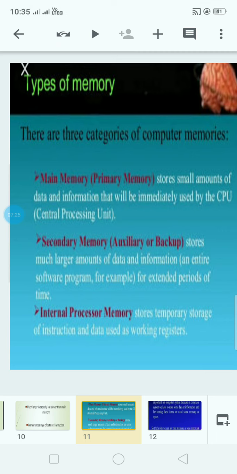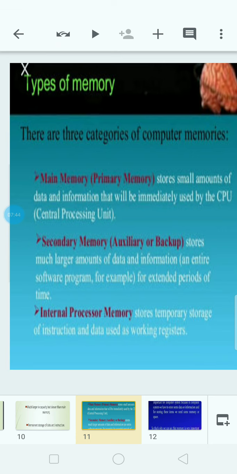There are three categories of computer memory. Main memory, that is primary memory, stores small amounts of data and information that will be immediately used by the CPU, that is central processing unit.